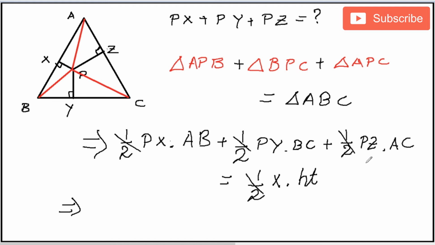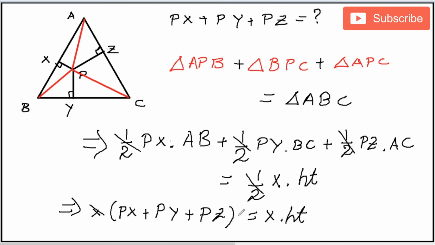And also AB, BC and AC all are equal to X. So I can take X common from the left hand side and I'll get X into (PX plus PY plus PZ) is equal to X into the height of the equilateral triangle. When the X's get cancelled, I'm left with the fact that PX plus PY plus PZ is equal to the height of this equilateral triangle.